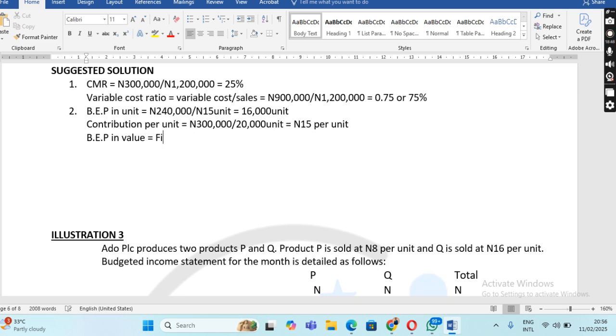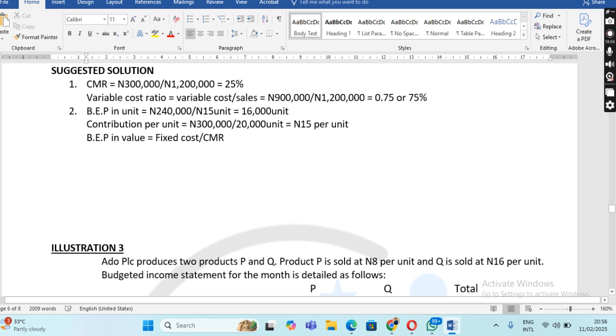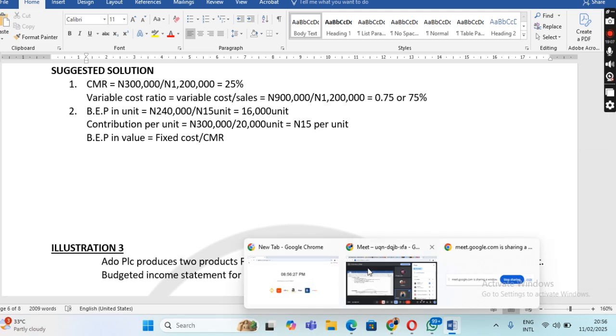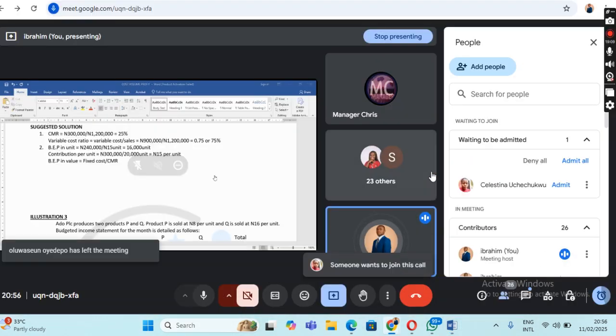So let me write it out. Fixed cost divided by CMR. We already know our CMR because we have gotten it at the first instance, which is 25. Now, don't forget that you can use another formula if you don't want to use fixed cost over CMR.